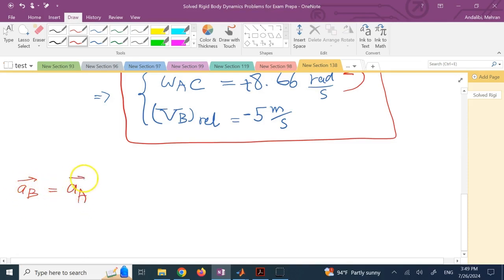It is A of A, the absolute acceleration of A with respect to the ground, plus 2 terms similar to rigid bodies.